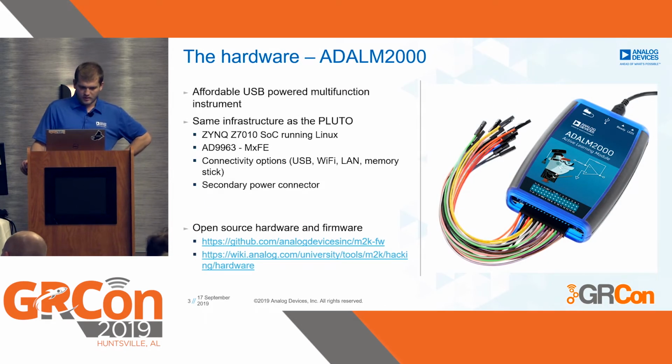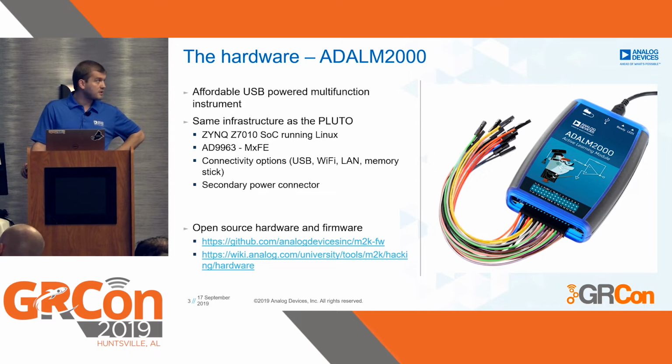So the hardware is the M2K, which is an affordable USB-powered multifunction instrument. This is not the Pluto, but it's based on the same infrastructure as the Pluto. It has a Zynq Z7010 SoC that is running Linux, but it has a different analog front end, and it has the AD9963 chip.